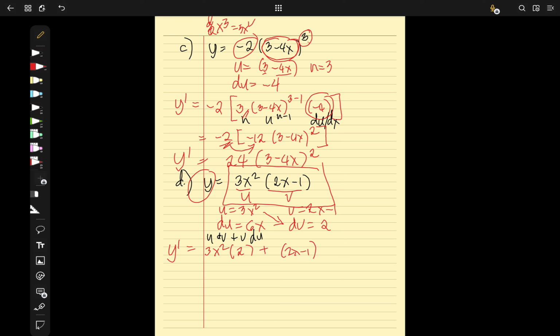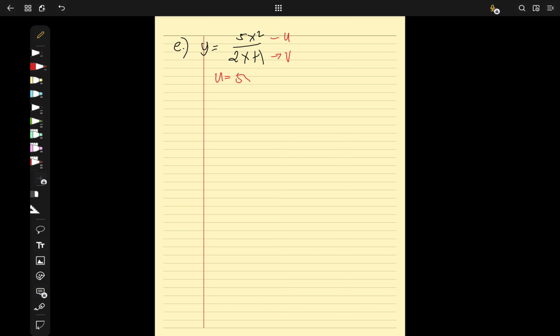So, we know this is our u, and this will be our v. If our u is 5x squared, our v is 2x plus 1. Then, we get the derivative of u, which is 10x, and the derivative of v is 2. So, this is just simply y prime.